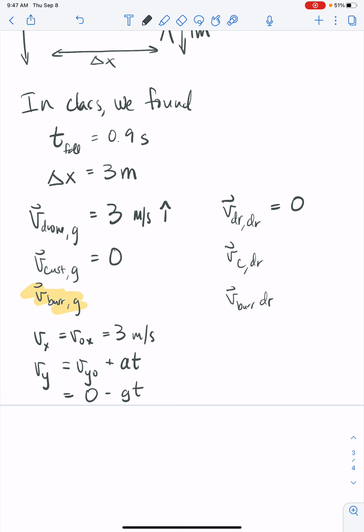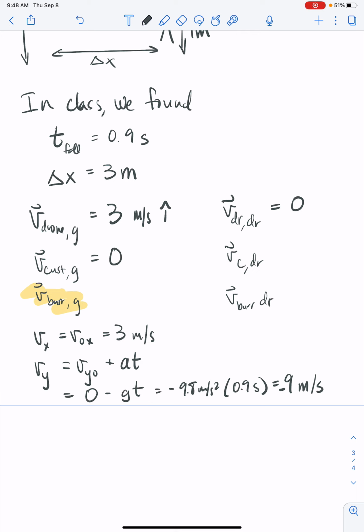Our t is 0.9 seconds. So we've got negative 9.8 meters per second squared times our time, which is 0.9 seconds. That's going to give us negative 9 meters per second, directed downwards.